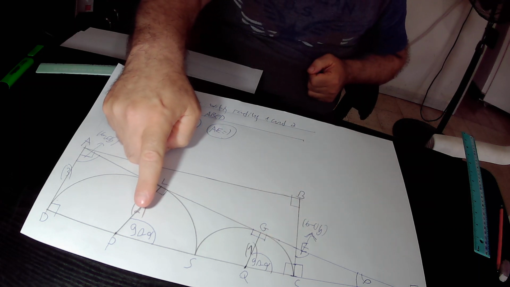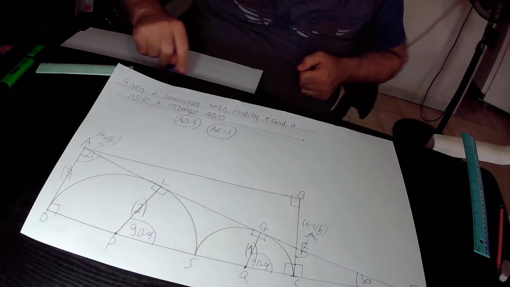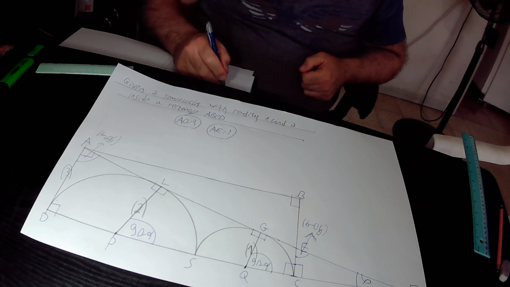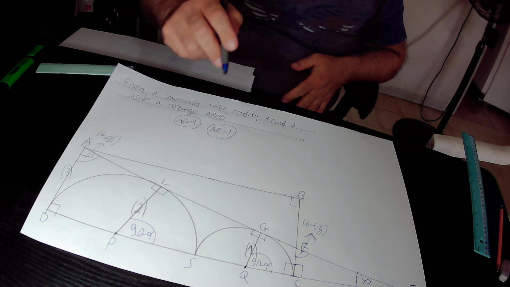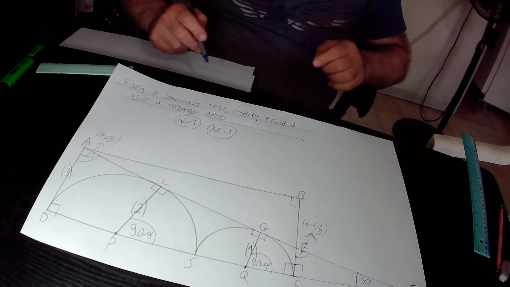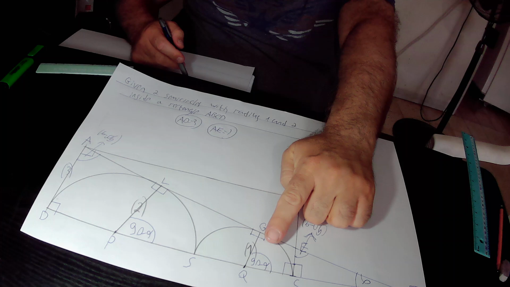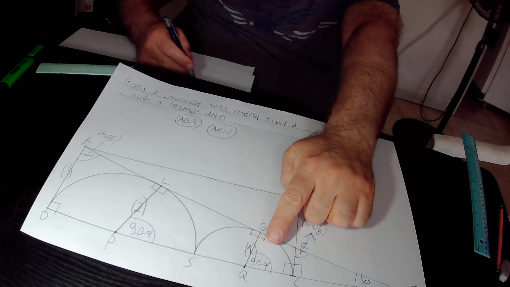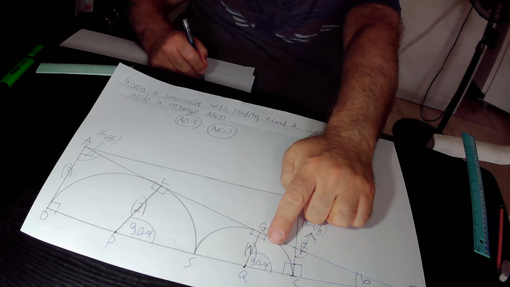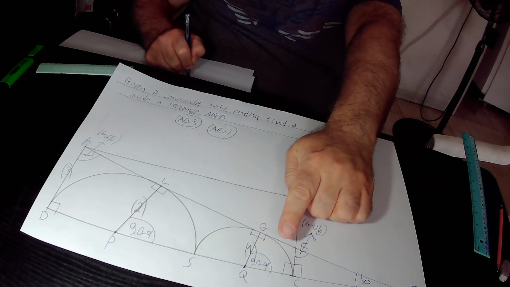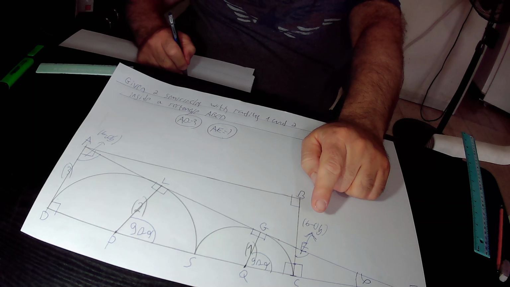So actually this is angle LPF in the big right triangle PLF, and it is equal to this angle, that's actually angle GQF in the small right triangle GFQ.